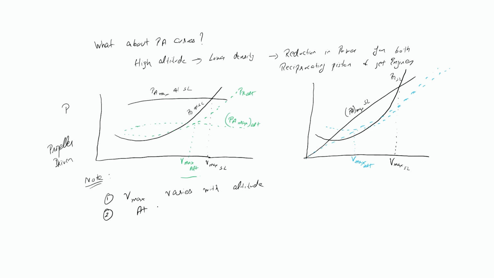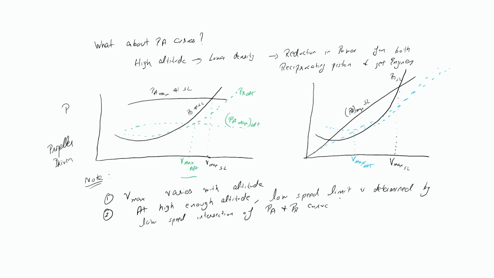Now the low speed limit is determined by the low speed intersection of the power available and power required curve.